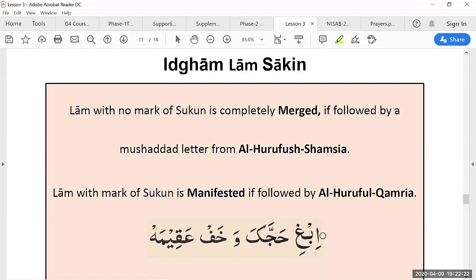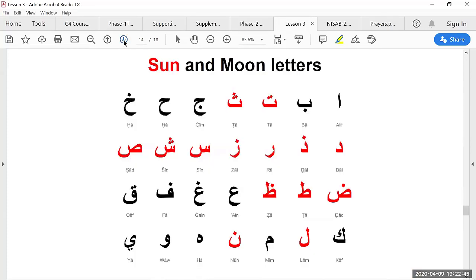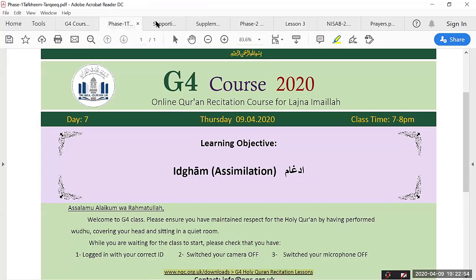In this phrase, there are 14 letters, and they are considered huruf al-qamariyah. And obviously, if you memorize this, then the rest of the 14 letters from the Arabic alphabet are considered huruf al-shamsiyah. I know it's a lot to take in, but we are going to practice now, and it should make more sense.